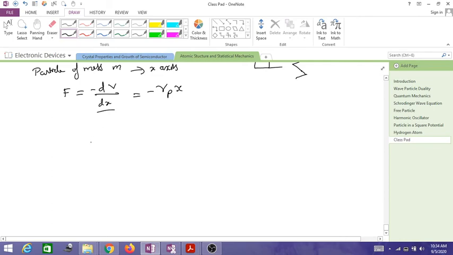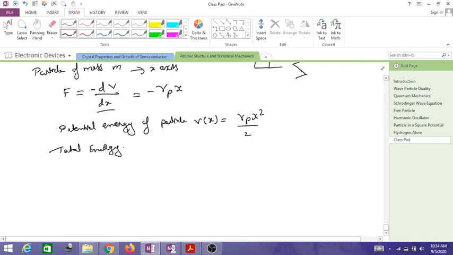The potential energy of the particle, V of x, can be written as gamma p x square by 2, and the total energy E, we know, is the sum of the potential energy plus kinetic energy.